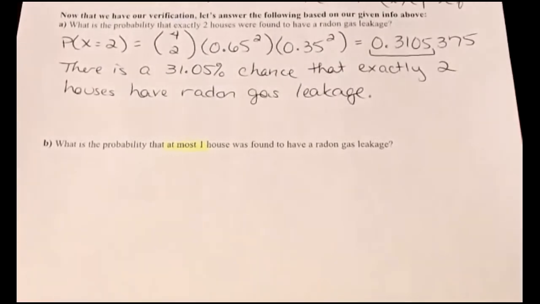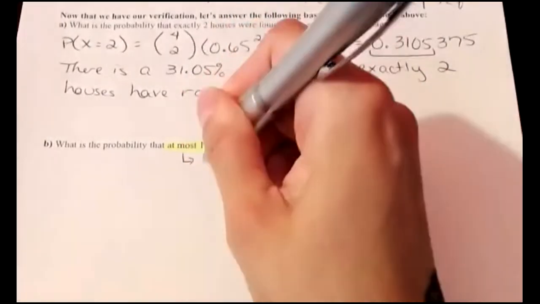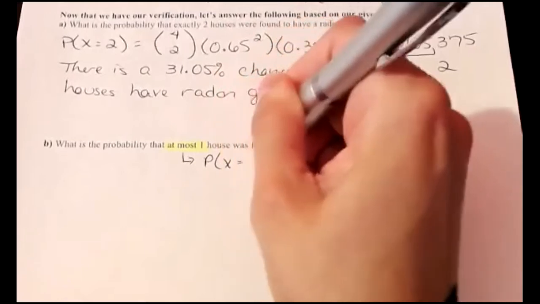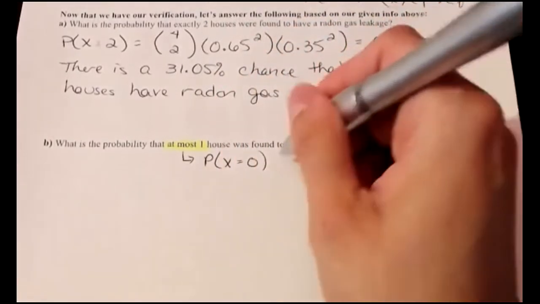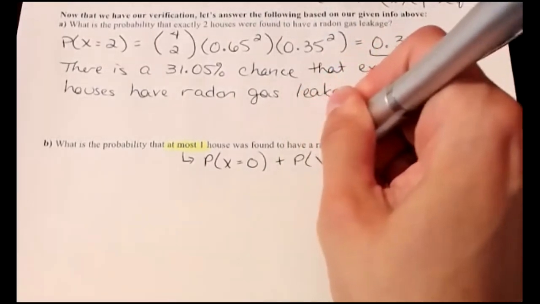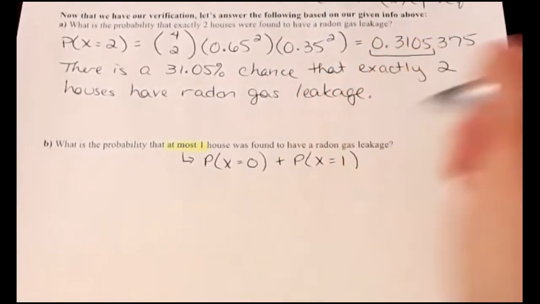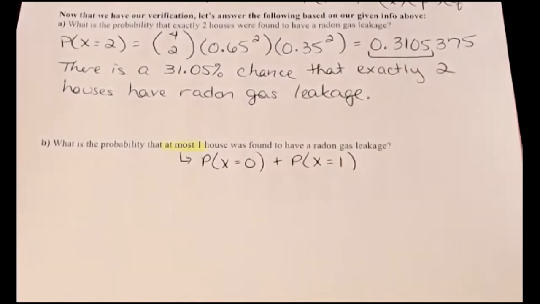Yes, less than or equal to 1, which means that we want to find the probability when no houses have radon gas leakage. And we also want to find the probability when 1 house has radon gas leakage. So we actually have to find them separately. It's going to seem like a lot of work, but it really isn't, because it follows a nice flow.